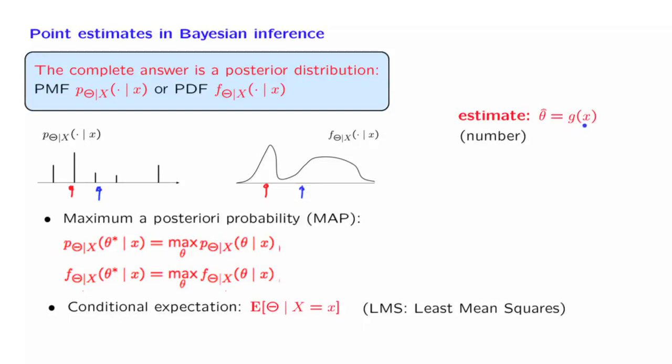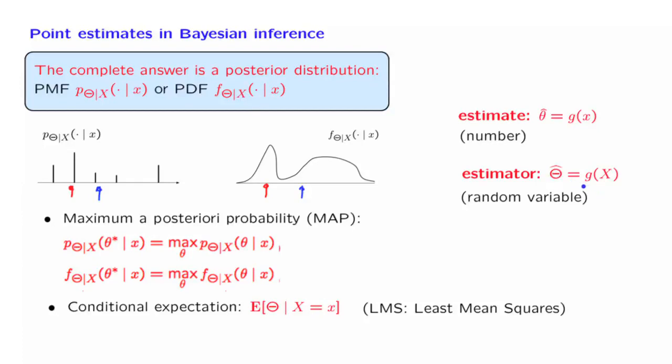Now, if we know the value of the data, we know what the estimate is going to be. But if I do not tell you the value of the data and you look at the situation more abstractly, then the only thing you can tell me is that I will be seeing a random variable capital X, I will do some processing to it, and then I will obtain a certain quantity. Because capital X is random, the quantity that I will obtain will also be random. It's a random variable. This random variable, capital Theta hat, we call it an estimator.